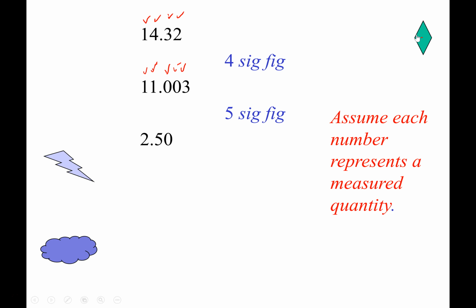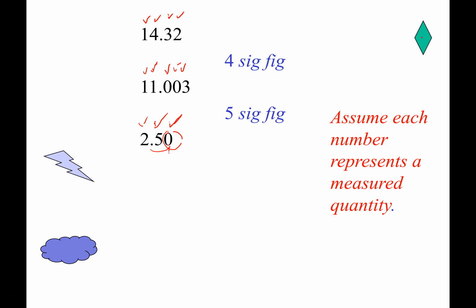According to the first rule, I'm going to count 2 and 5. But now according to this rule, this is a trailing 0 after the decimal. That one counts too. Think of it like this. I think of it a few ways. One is somebody really cared enough to put 2.50.